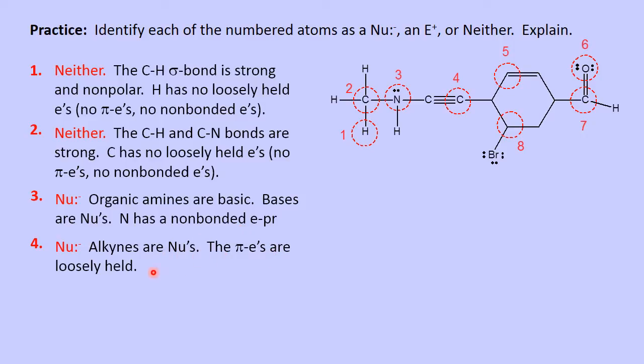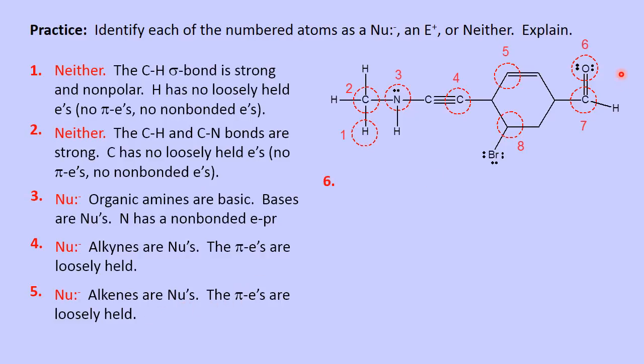The pi electrons are loosely held. They're electron rich, and as I implied before, it could break a pi bond and form a stronger sigma bond by being an electron donor, and that's what it does. How about number 5? There's an alkene carbon. Same as the alkyne, it's a nucleophile. The pi electrons are loosely held.